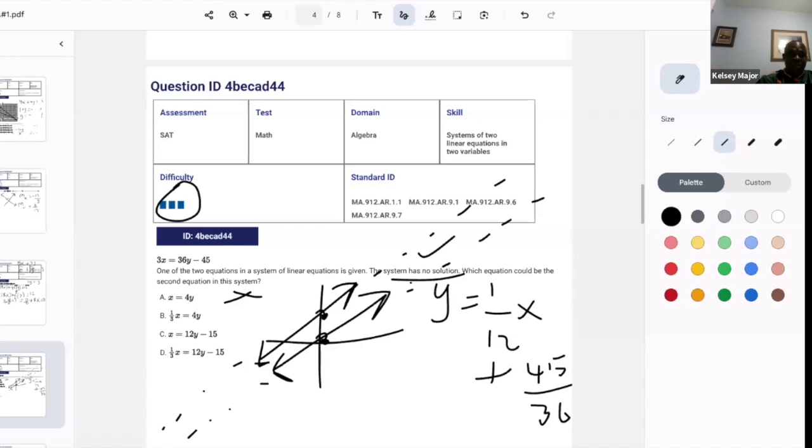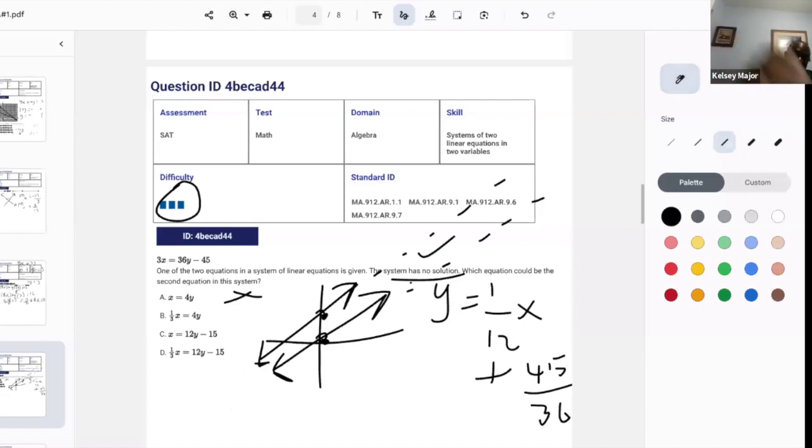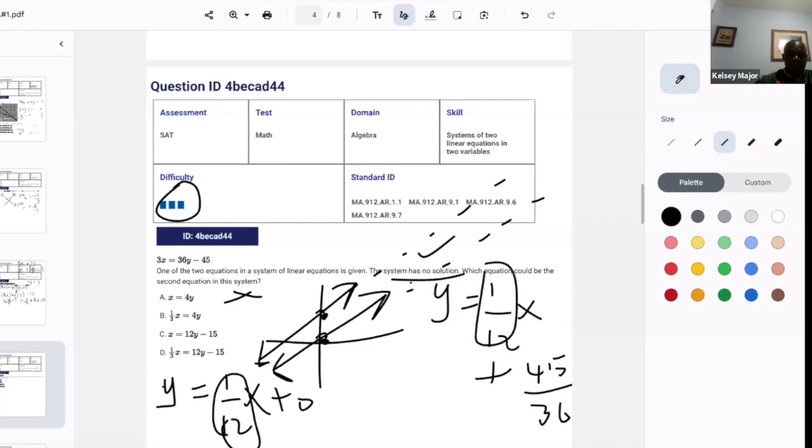So I think I should write that out. Let's write B out, because that's a possibility. It's got to be the answer. You divide this by 4, it's going to be y is equal to 1 over 12 x plus 0. So notice the slopes are the same and a different y-intercept.